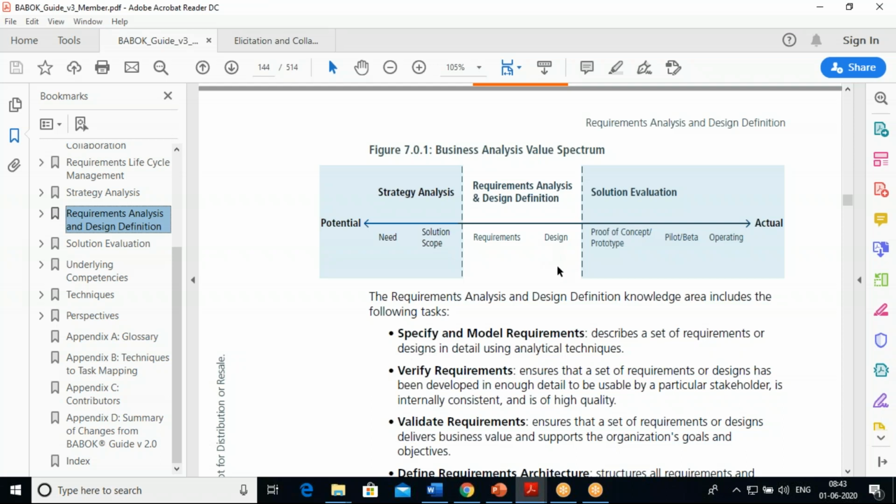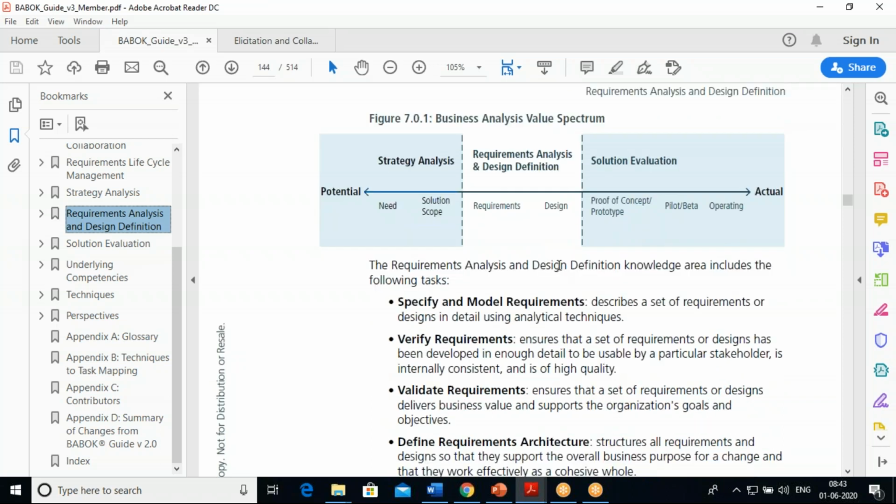From the project perspective, in this stage we have to analyze the requirements coming from the need through the solution scope, and come up with a design definition so that the solution can actually be developed. So we are going to do requirements analysis and design definition.